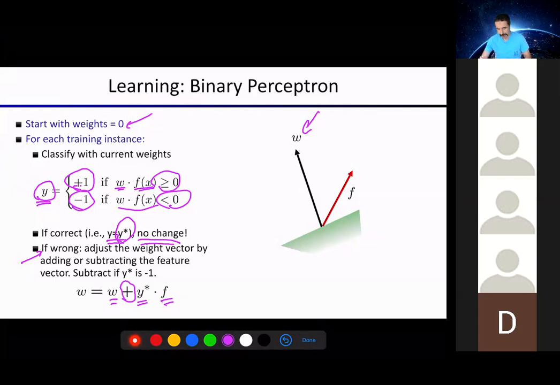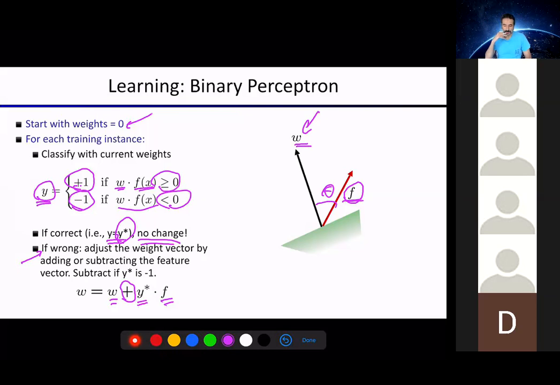So basically meaning that if for this particular feature vector, for this particular example, this weight does not produce the right label, we need to move it away from this feature vector in the feature space, right? We know that the theta between these two is less than 90 degrees.